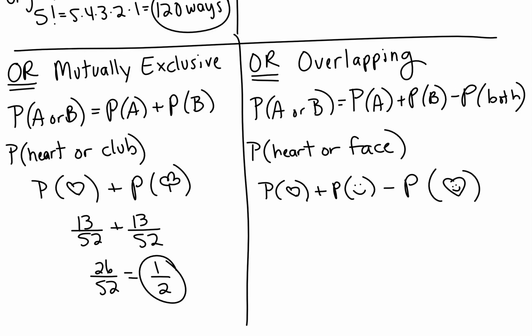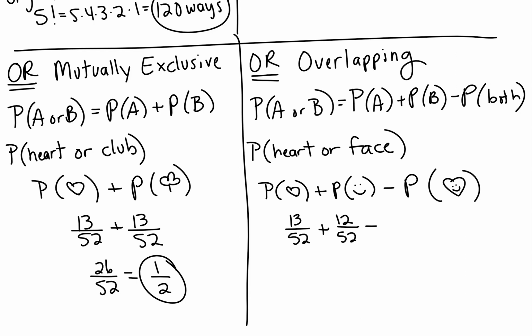We'll start with the probability of it being a heart. We already said in the last problem there's 13 hearts. So that would be 13 out of 52. Plus, and then face cards, 3 face cards, 4 suits, that makes 12 total face cards. Minus, and then how many of the face cards are hearts? 3.